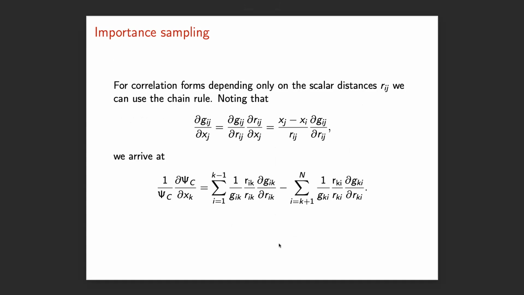Then the correlation form depends on the scalar distances, and then you can use a chain rule. So that means that when you look at the calculation here of xj, you can use a chain rule and rewrite it in terms of the relative distance. And that means that you get this specific term here, where this rik is now the relative distance.